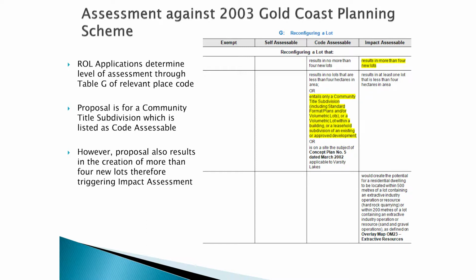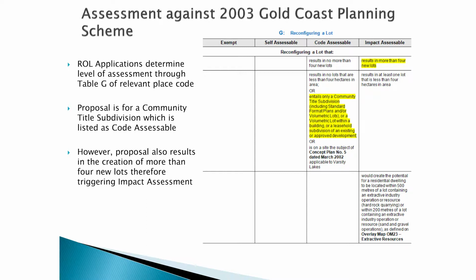We have a very interesting situation in our current 03 scheme where it's a bit of an anomaly, and a lot of developers use it as a loophole, but often a community title subdivision triggers a code assessment land use as opposed to an impact, even though they might have many lots as part of that community title.